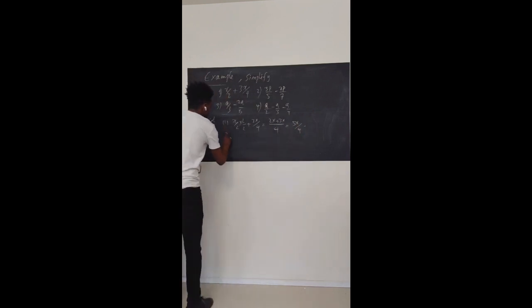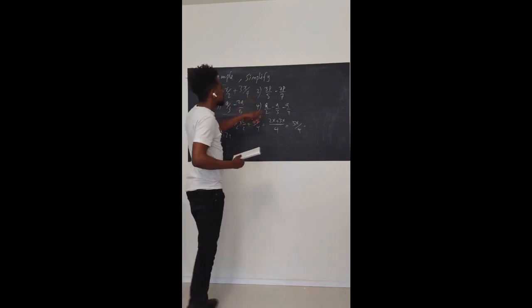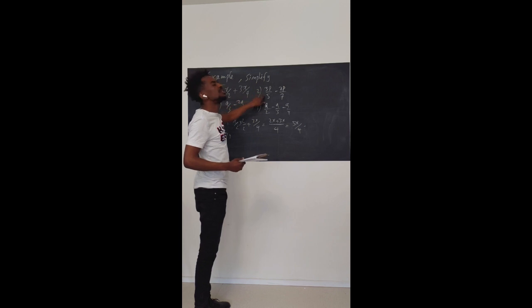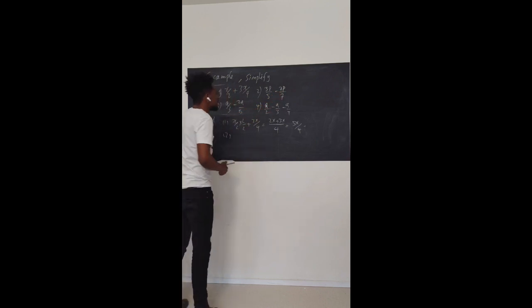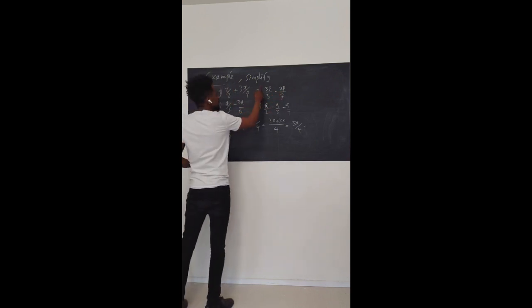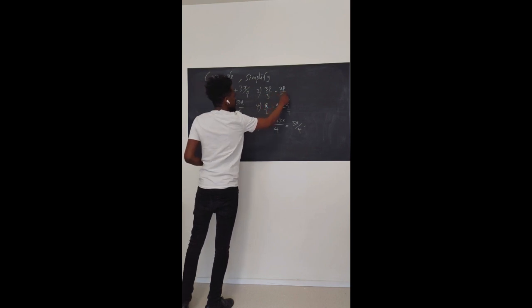Number 2, least common denominator. 3p over 5 minus 2p over 7. It is 35. We multiply this by 7, 7, here 5, 5.